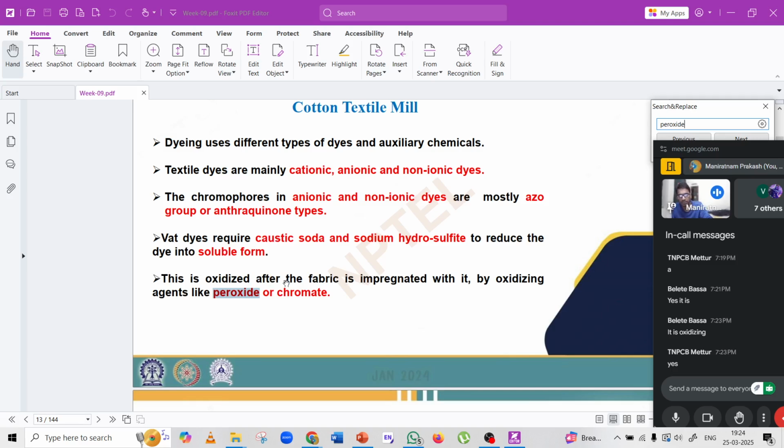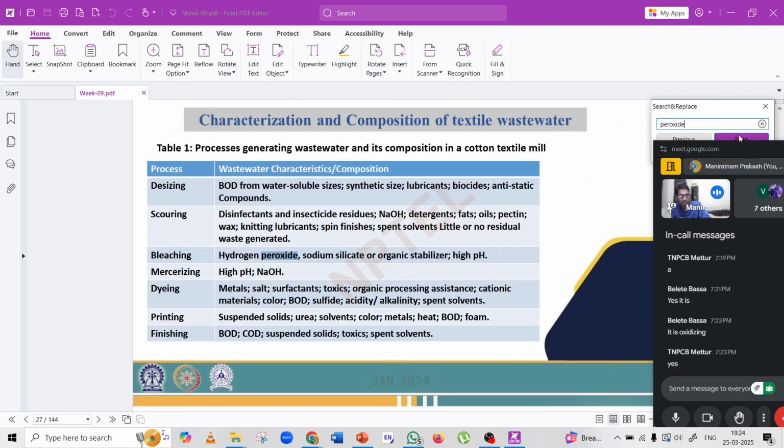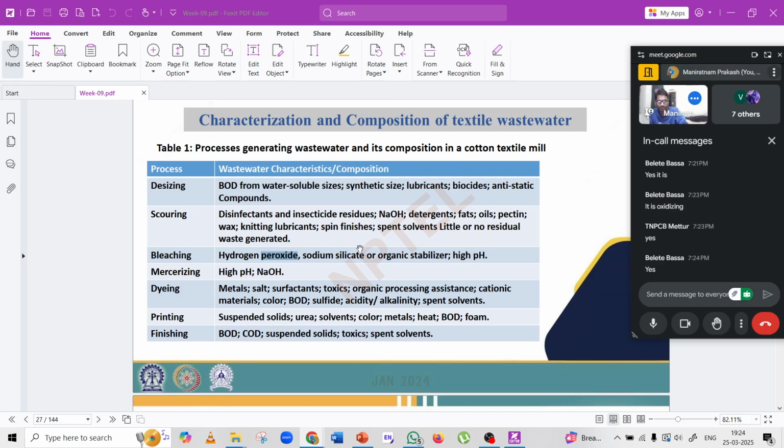It is oxidized after the soluble forms are made. For fabrication, in that case, peroxide is used. But if we are talking particularly about vat dye, then caustic soda and sodium hydrosulfide are used. Did you get it? Hydrogen peroxide is used for bleaching purpose. I hope you have understood it.